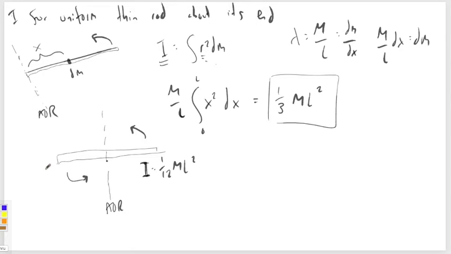Okay, let's do 2 more. Let's do the I value for a thin uniform hoop, like a hula hoop, about its vertical axis.